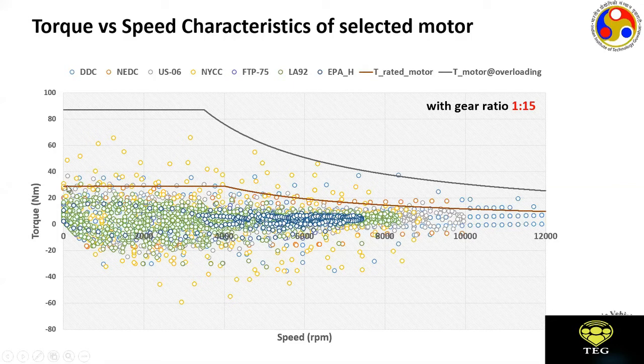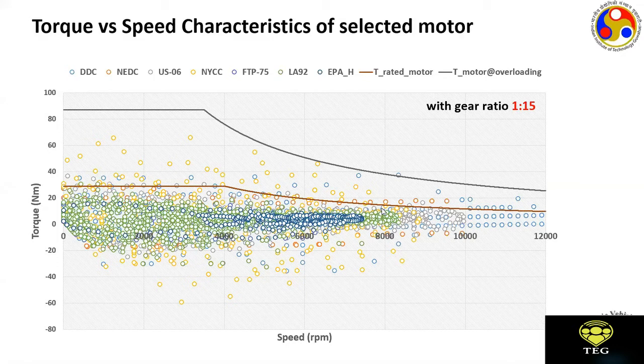So I need a motor which gives a torque of 30 Newton meter up to a speed of 4,000 rpm, and beyond 4,000 rpm the torque starts to fall, and the motor can go up to a maximum speed of 12,000 rpm. This is the rated curve of the machine.